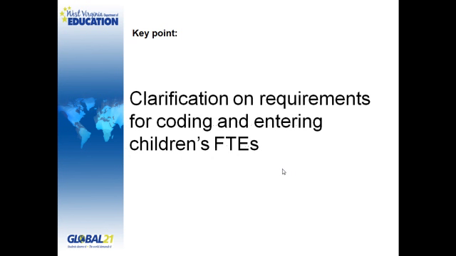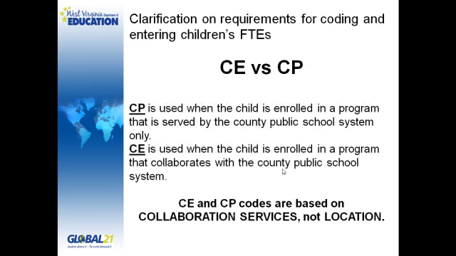So our first key point would be looking at clarification on requirements for coding and entering children's FTEs. As it stands now, we have two codes, CE versus CP codes, and one of the things that we want to make sure everyone understands is that CE and CP codes are based on collaboration services, not location.